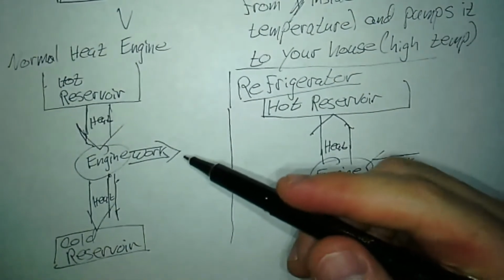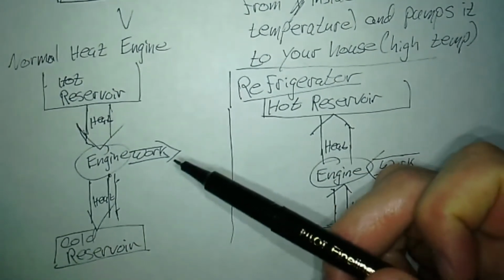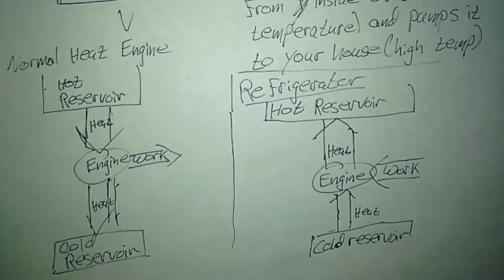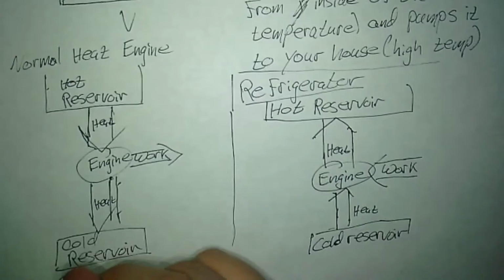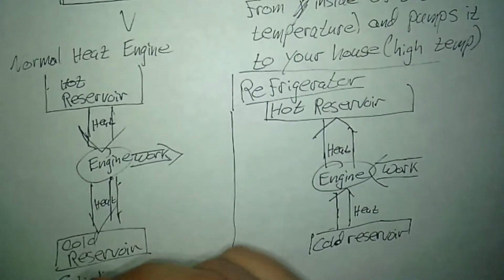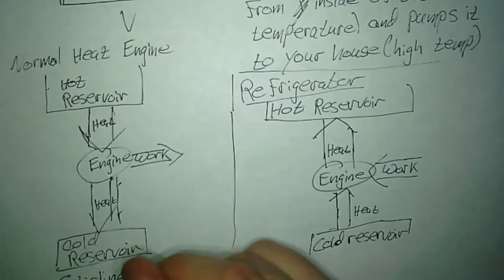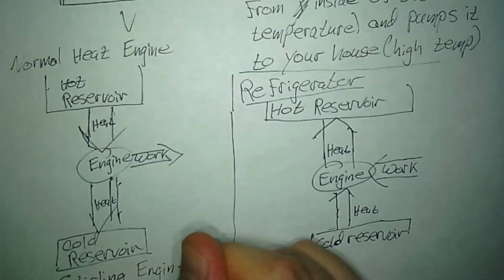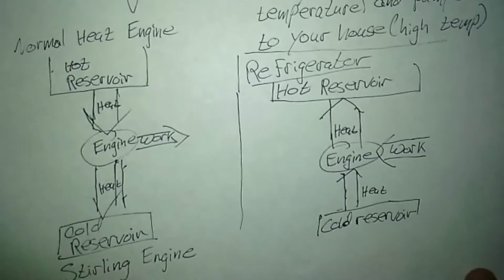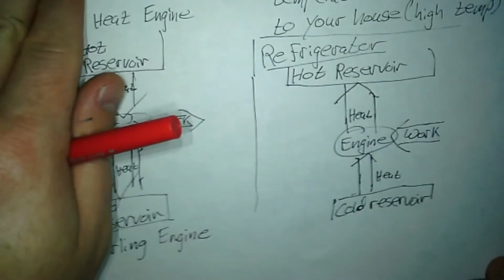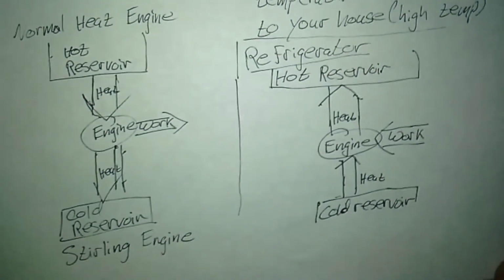A heat engine like this can run off a heat difference. I'll have to post a video maybe of a Stirling engine. I think I have one in the classroom, but we're not there to look at it. You can take this Stirling engine and put it on a cup of tea, because you guys know my thing for tea.